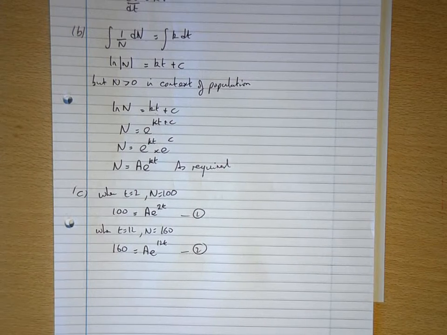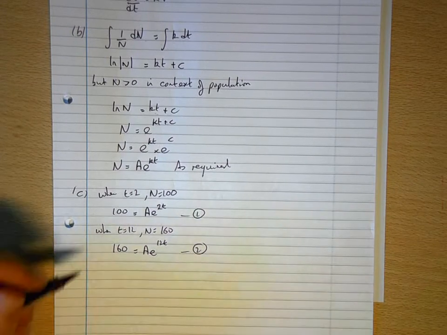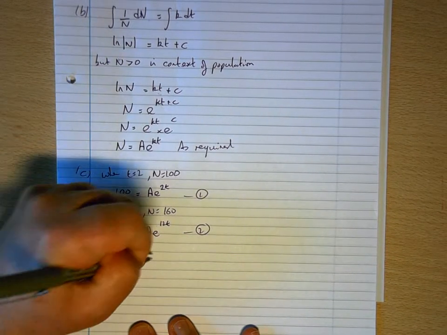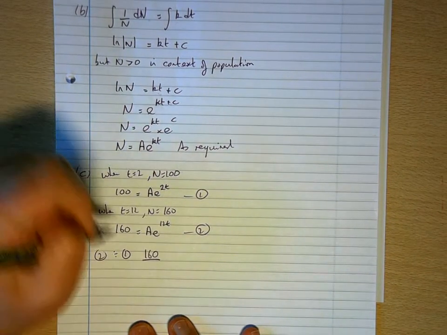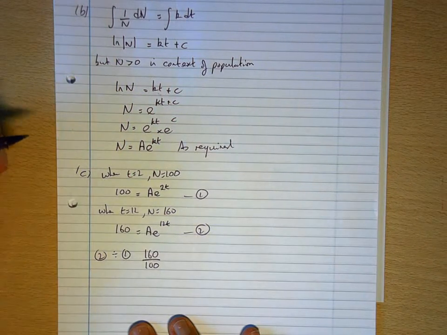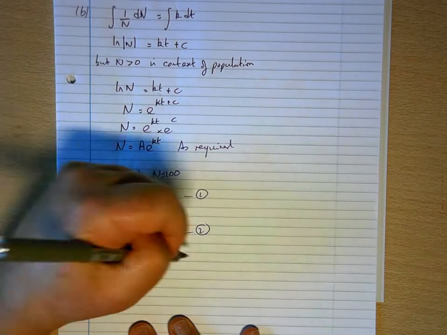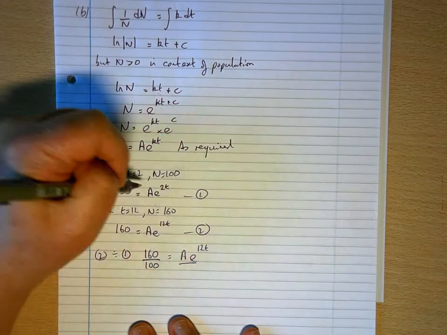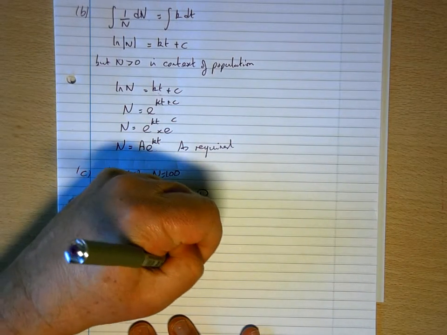So now what I want to do is, if I divide 2 by 1, so let's write these as fractions, I'm going to have 160 over 100 equals a e to the 12k divided by a e to the 2k.